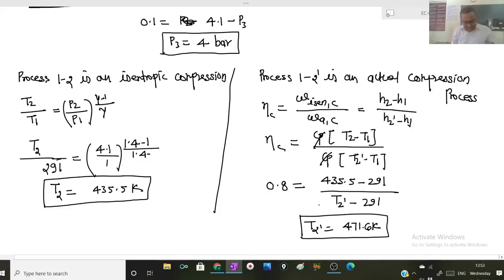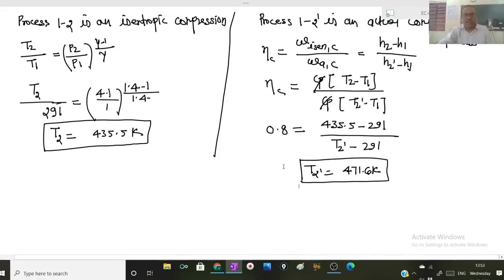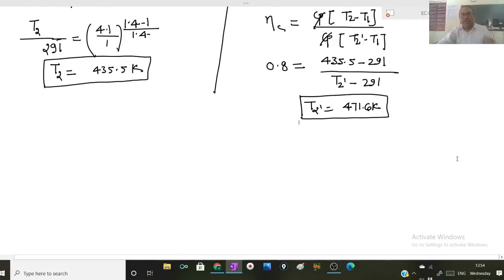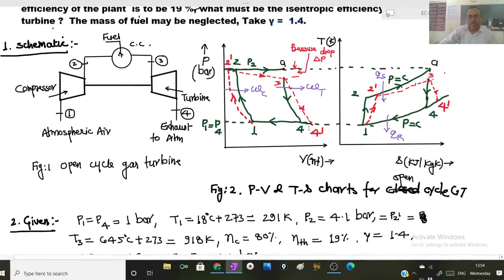So this is the temperature of the gas after compression. So we have T1 temperature, we have T2 dash, we have T3. Now we are supposed to calculate T4 and T4 dash, that is temperature of the exhaust gas after expansion.